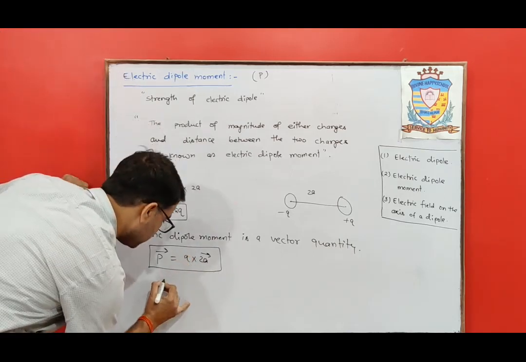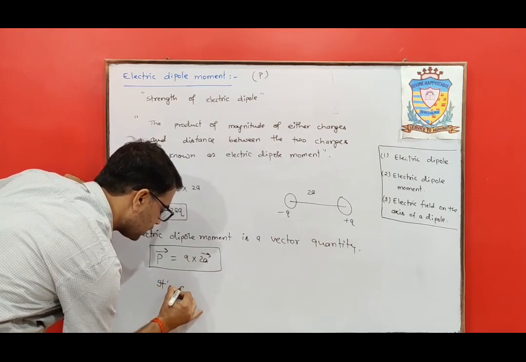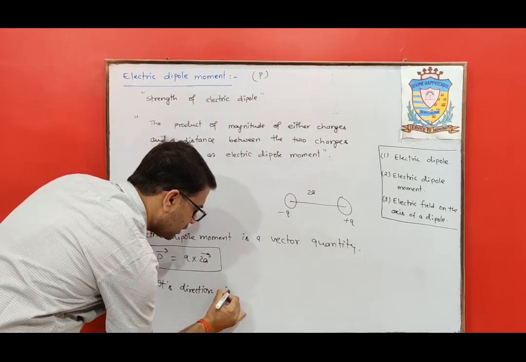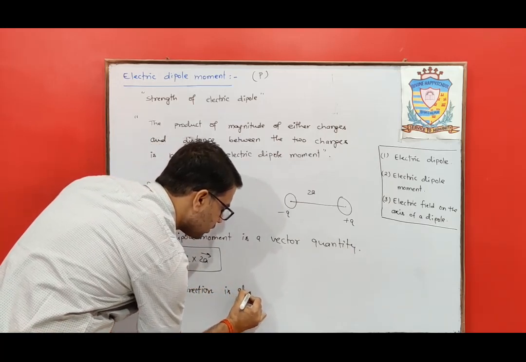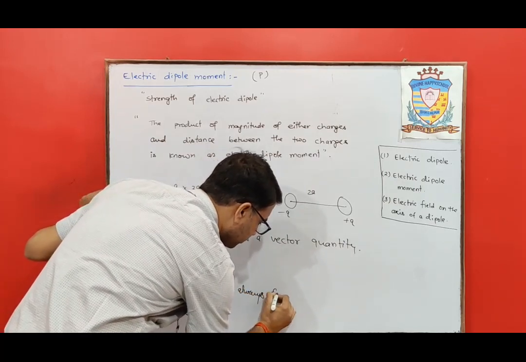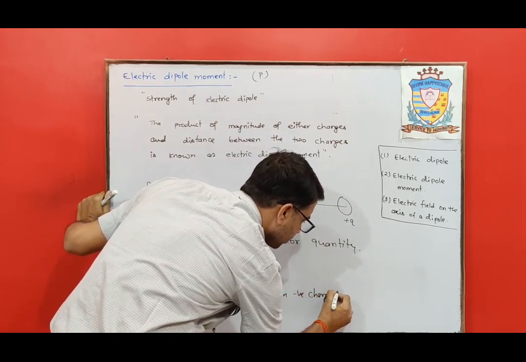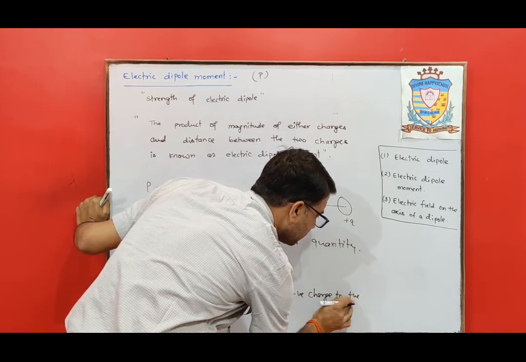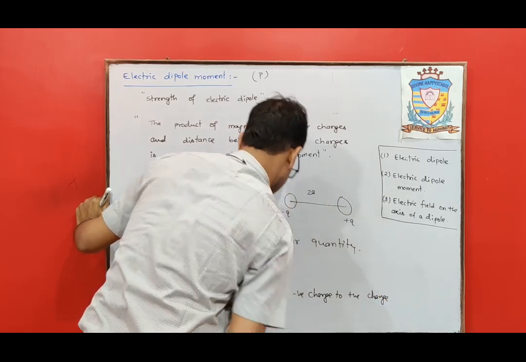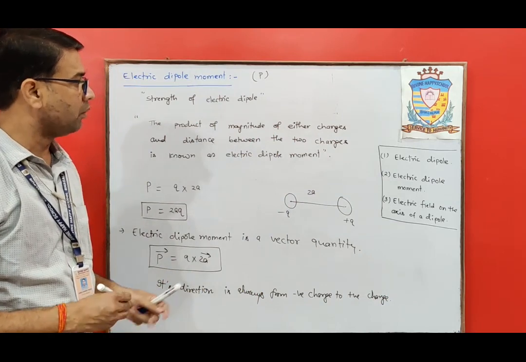Its direction is always from the negative charge to the positive charge. Okay, so this is the electric dipole moment.